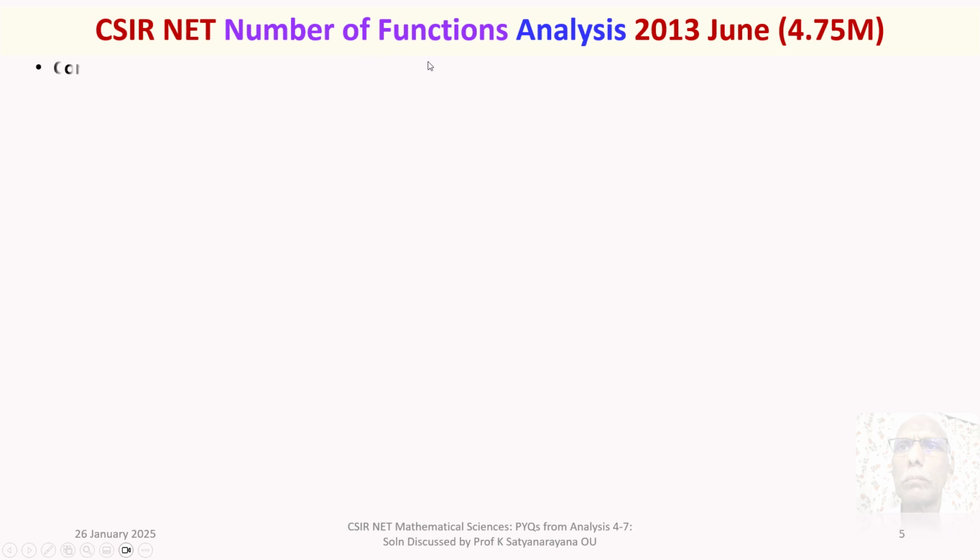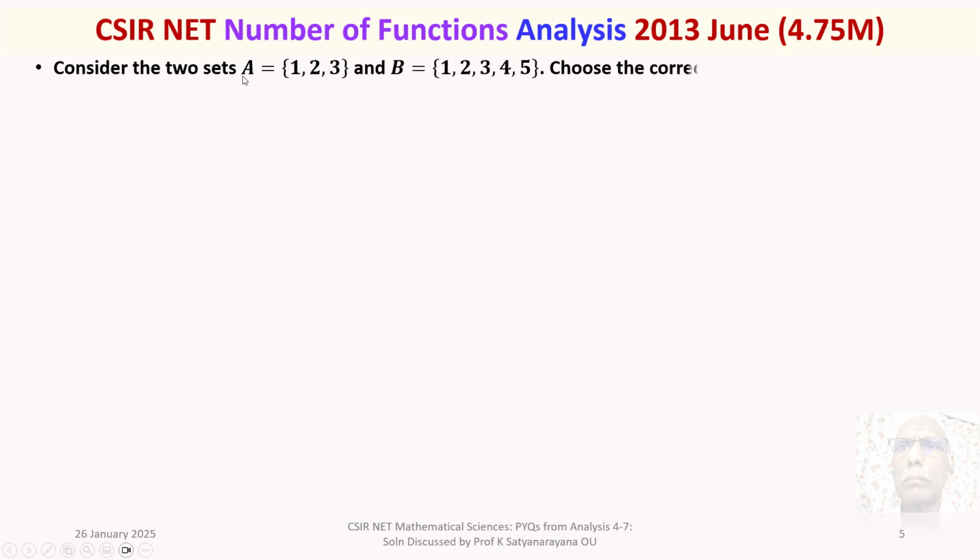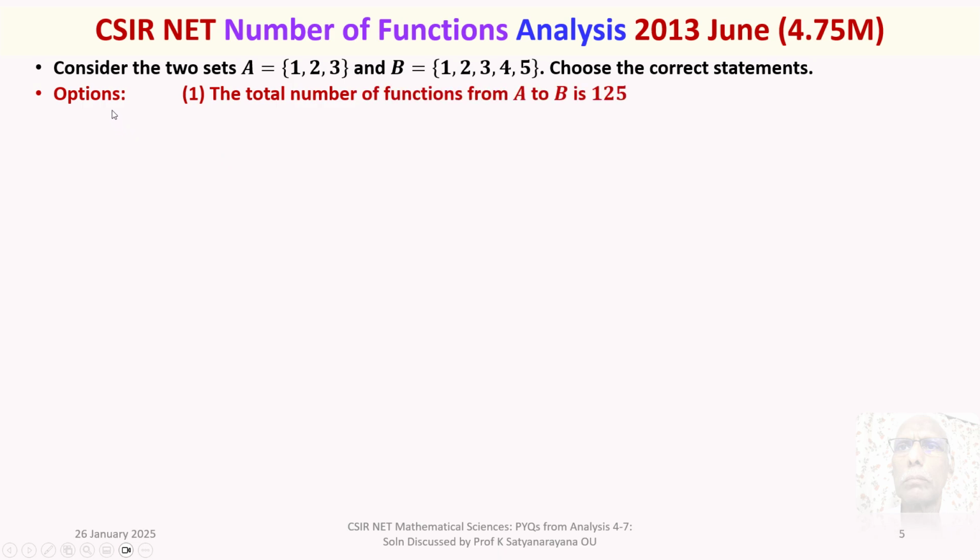The given question is, consider two sets. A is equal to the set consisting of 1, 2, 3, and B is the set consisting of 1, 2, 3, 4, 5. Choose the correct statements. We are given 4 options. Option 1. The total number of functions from A to B is 125.